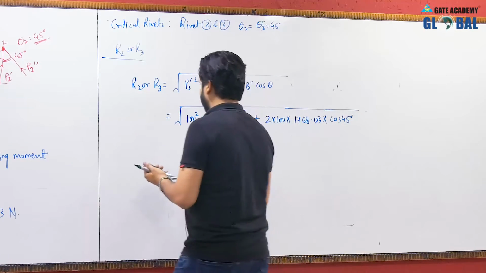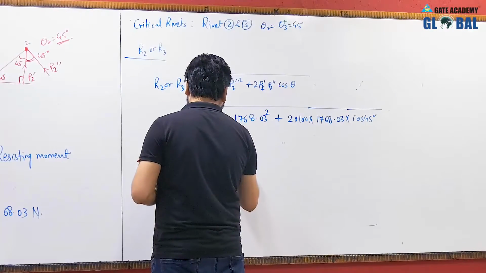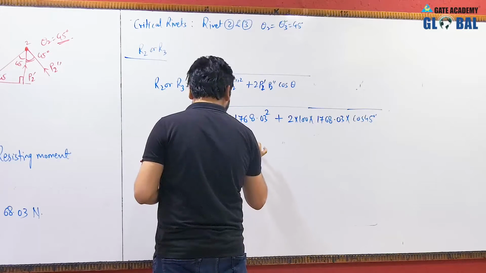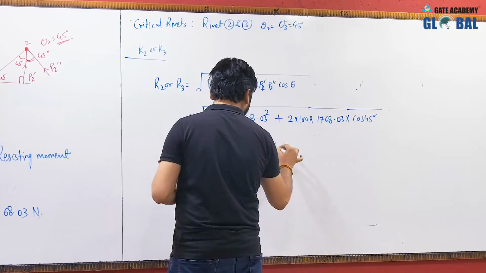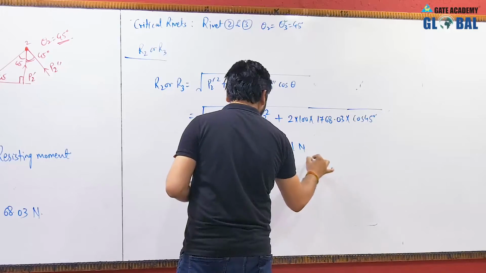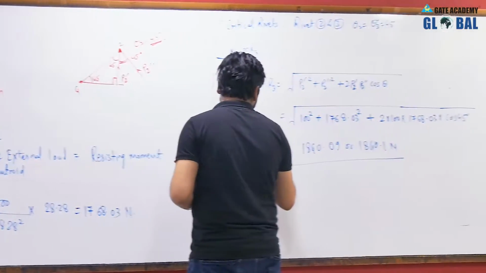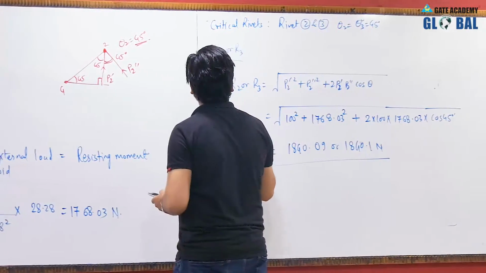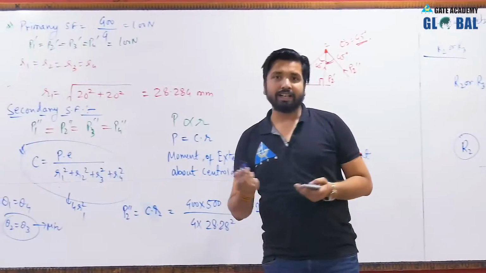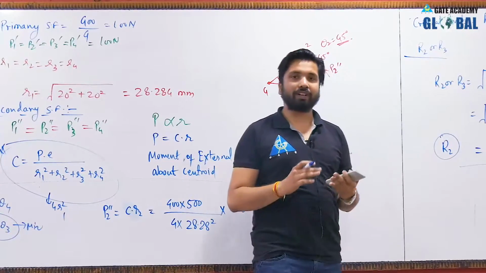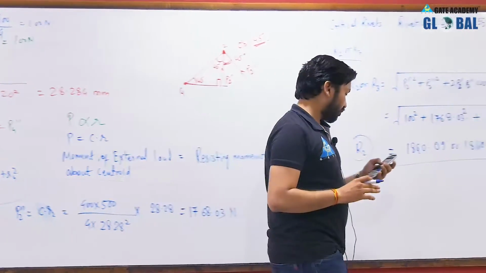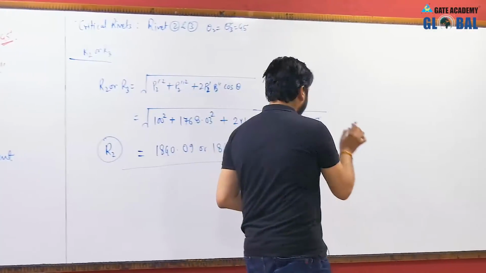This comes out to be 1840.09, or you can write 1840.1 Newton. As this is a numerical answer type question, this will be your answer. So in rivet number 2 or 3, the force acting on the rivet will be 1840.09 Newton. This is the right answer.